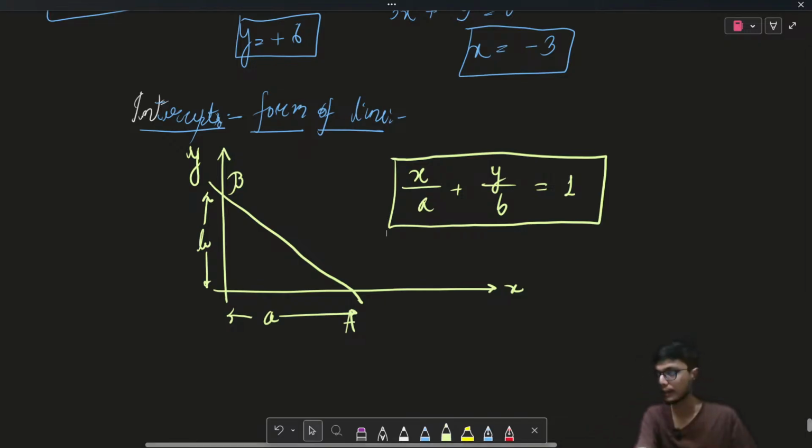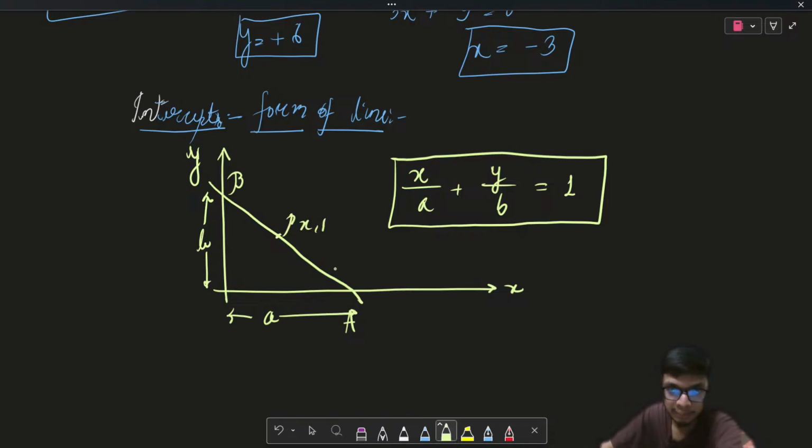Anyways, if I try to understand how I can formulate the equation of the line of this form, it is quite a simple thing. You can also do it by taking any point x comma y over here, and then forming these triangles and rectangles.